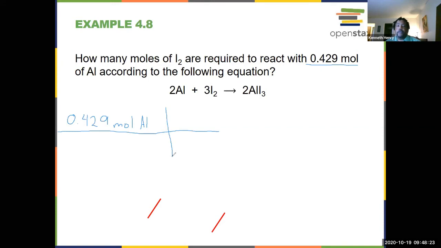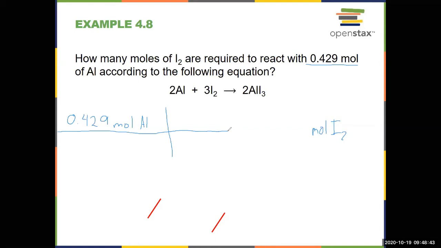And I want to calculate, what is my goal? What do I want? You want moles of I2. So I want moles of I2. So what am I going to do? Use your molar ratio.